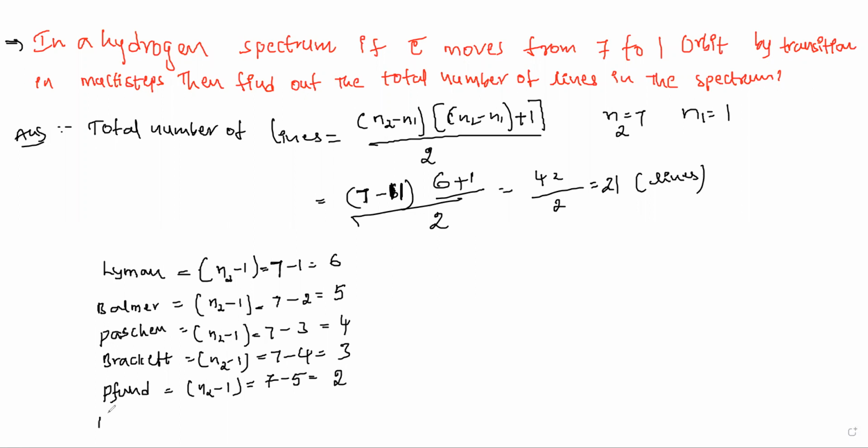And the final one is Humphrey, 7 minus 6, 1. If you count the total of all these, we will get 21. In this way also we got the total number, and from the formula also we get the same answer. Both are the same.